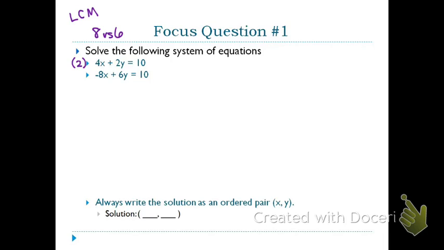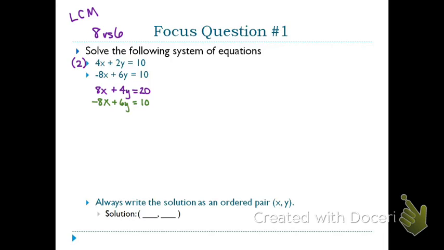So if we take the top and multiply it by 2 and just double it, then we will have 8x plus 4y equals 20. And with the bottom, we have still the same equation, negative 8x plus 6y equals 10.